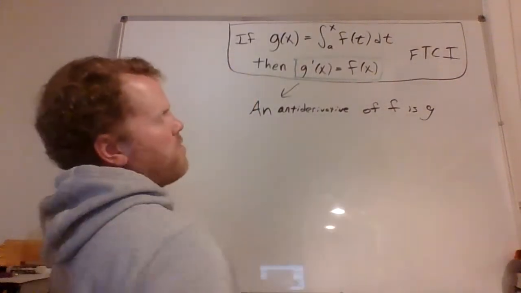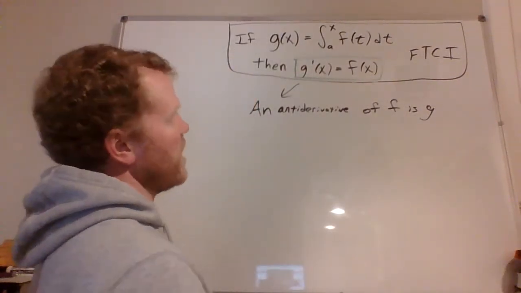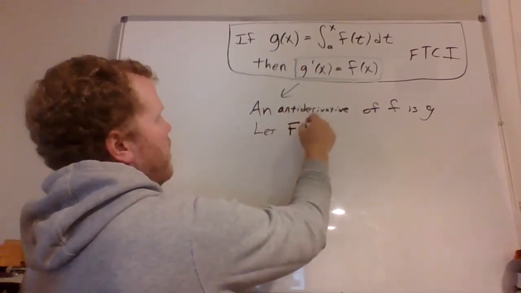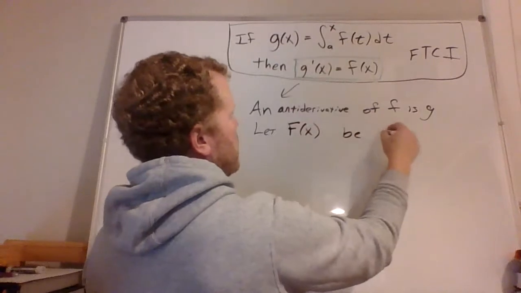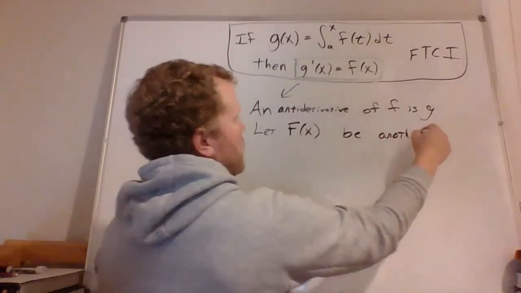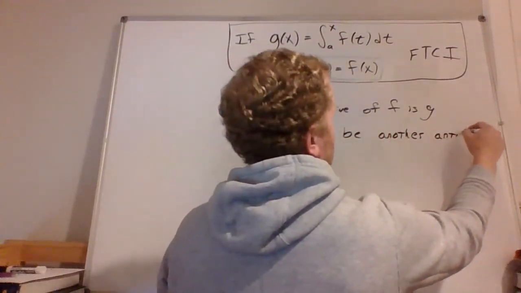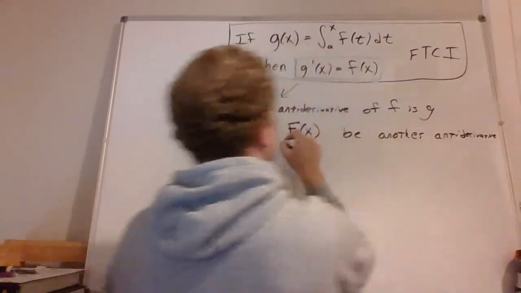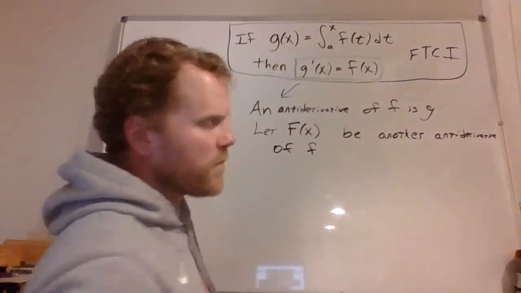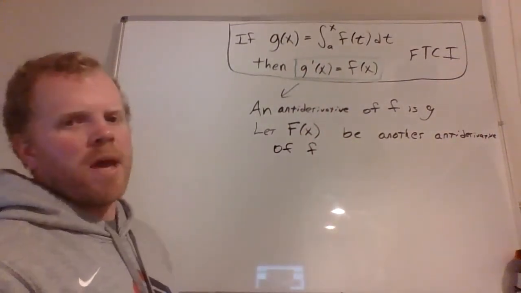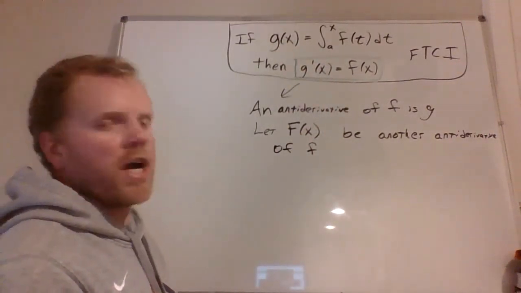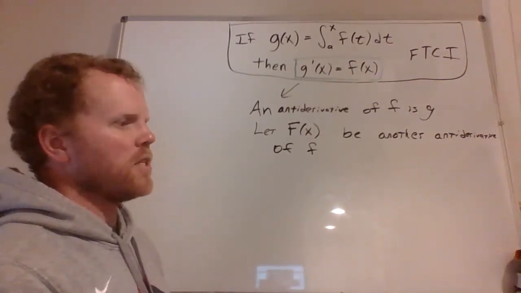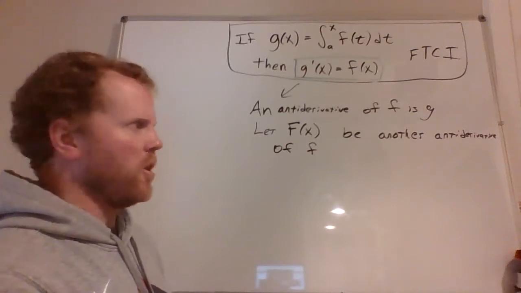And then the other thing we want to say is we're going to let big F of x be another antiderivative of f. So g is some antiderivative of f, and capital F is also an antiderivative of little f, which basically means the only thing that's different about these is the plus c.